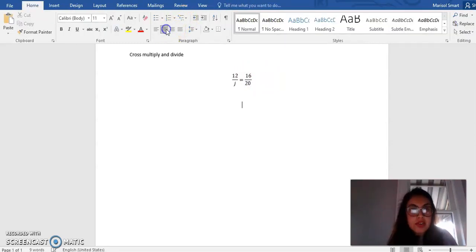So using cross multiplication again, I'm going to do j times 16 equals 12 times 20. j times 16 is 16j. 12 times 20, I cannot do that in my head. 12 times 20 is 240.